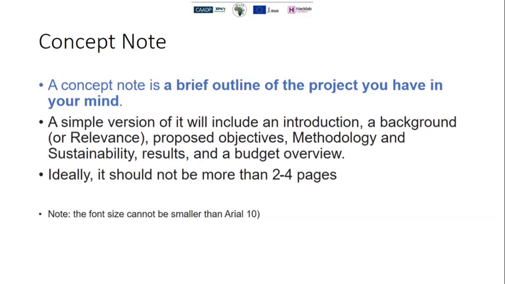The budget overview is optional for now, but please make sure that it has the main content of the introduction, the background, the proposed objectives, methodology, sustainability, and the results. Ideally, it should be between 2 to 4 pages. We advise that you use font size 10 of Arial.